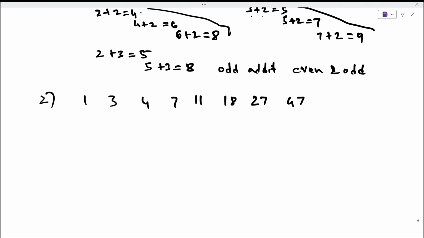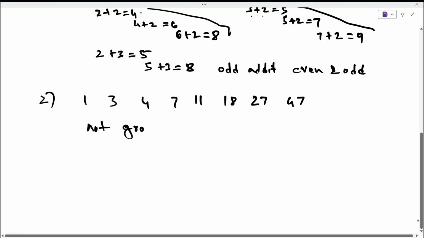See, the series is not growing fast. Right. That means there is no multiplication. If there's a multiplication, it will grow faster.